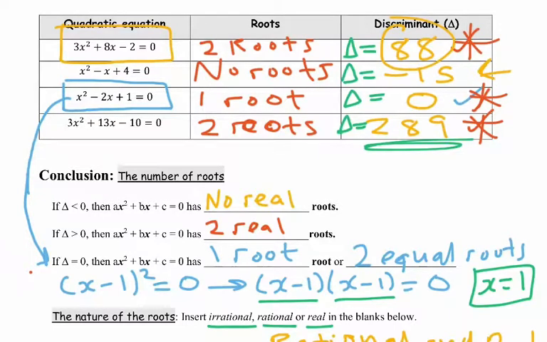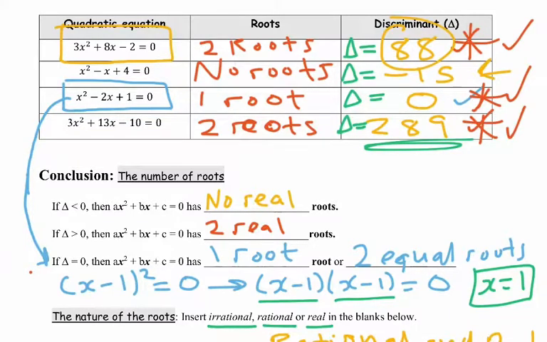If you look at the first one, we said that the roots were irrational. If you look here, we said the roots were rational. And if you look at here as well, we said that it's got one root or two equal real roots.